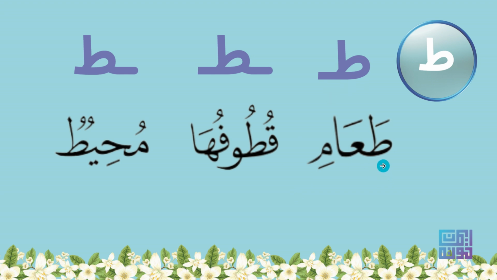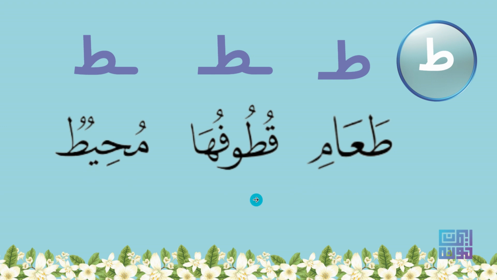So we can have a look here. This is the ta at the beginning of the word. This is the ta in the middle with a qaf before and the waw after it, and it's connected from both sides. And then comes the ta at the end of the word, connected also with the letter that comes before it.